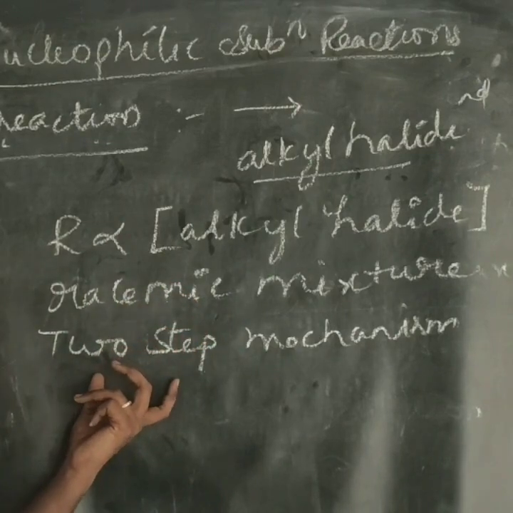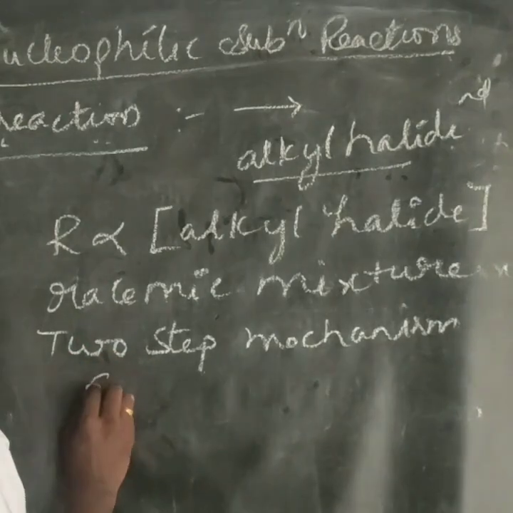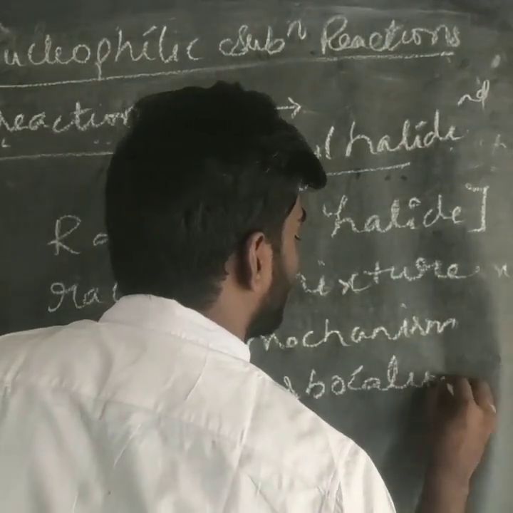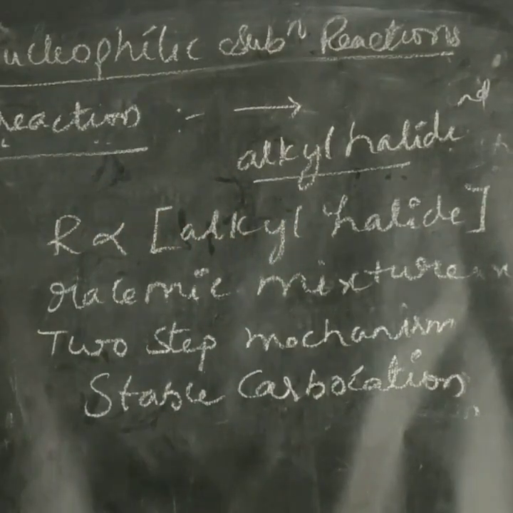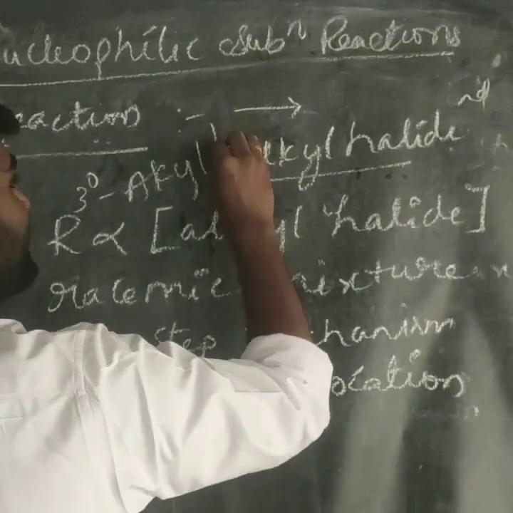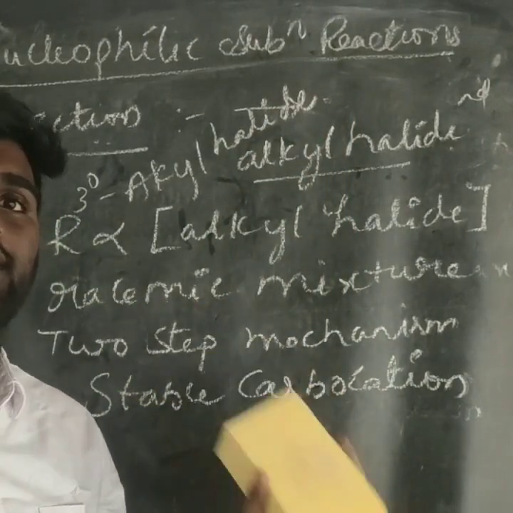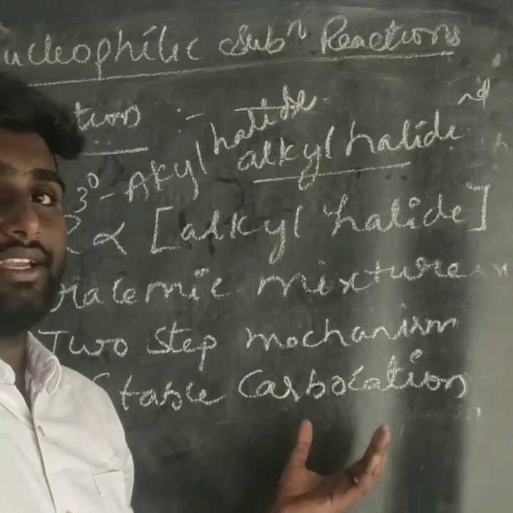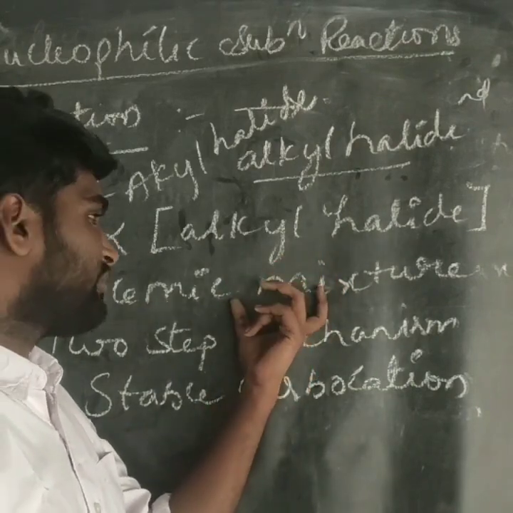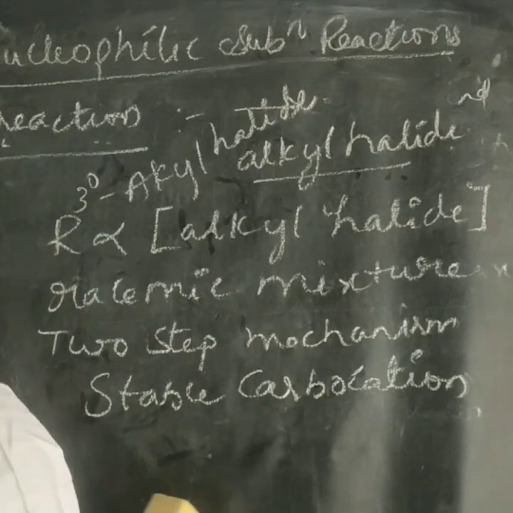The SN1 reaction involves a two-step mechanism, and a stable carbocation is formed. It only reacts with the tertiary alkyl halide.